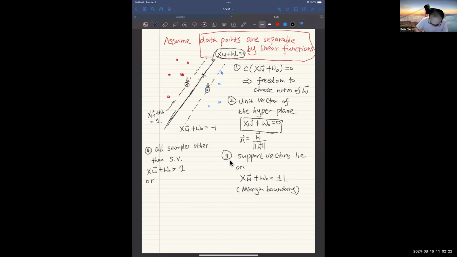And this is basically coming from the definition of the support vectors.